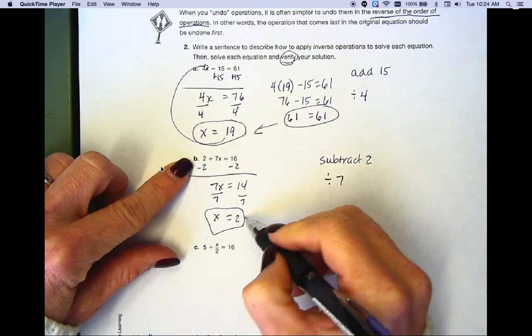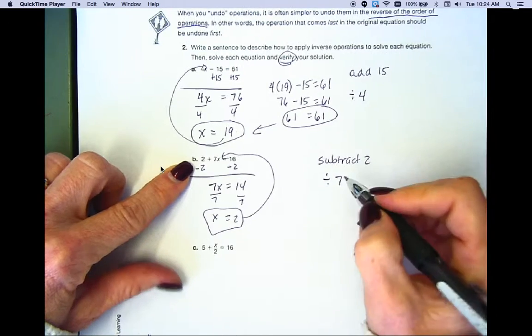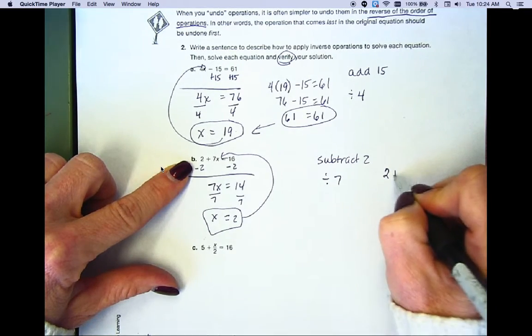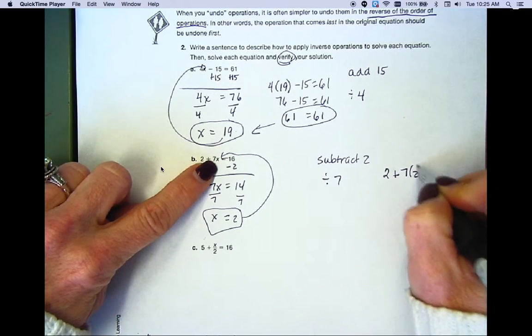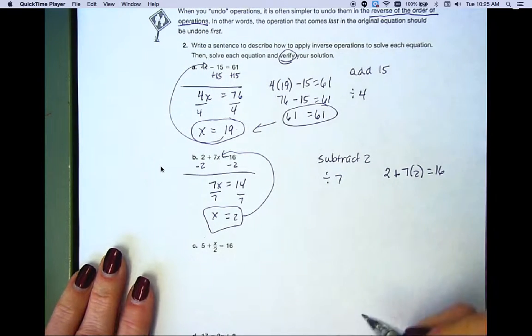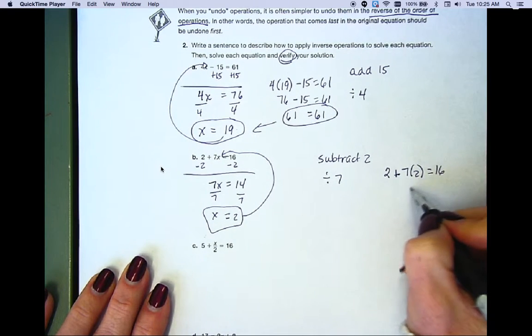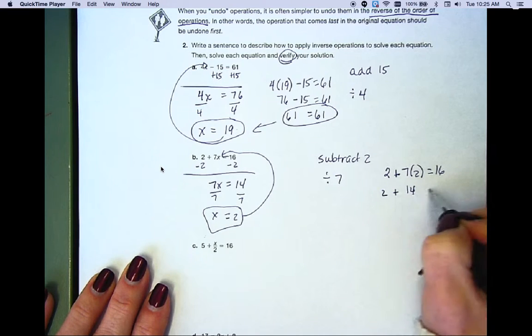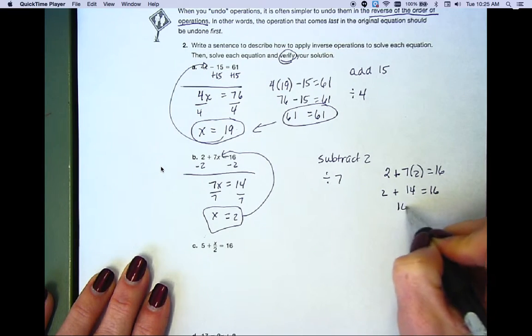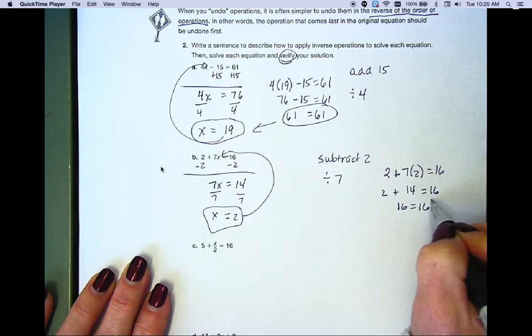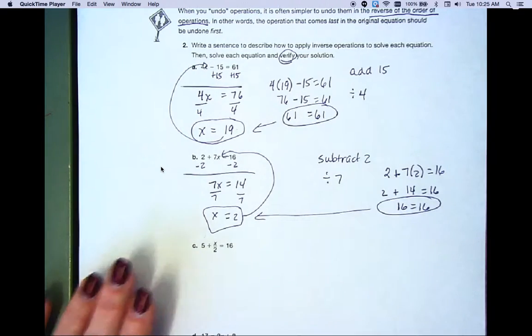Now I need to go back and verify. So I'm plugging it back in. 2 plus 7 times 2. And hopefully I'm going to get 16. Order of operations, I multiply first. Then I add. So I know for sure that this is correct.